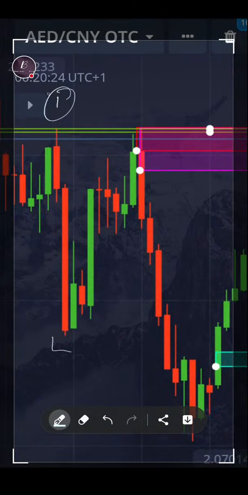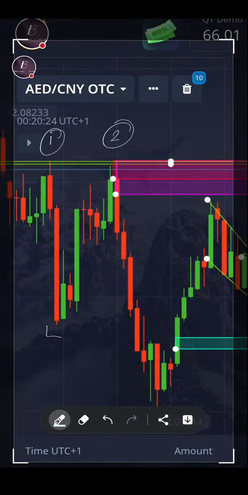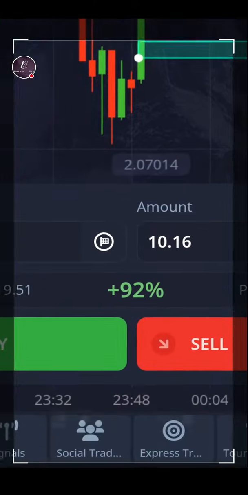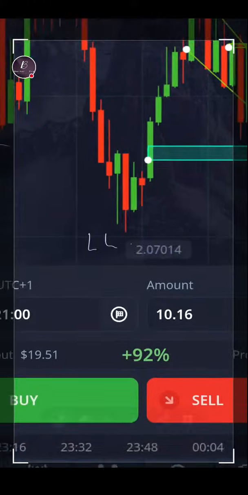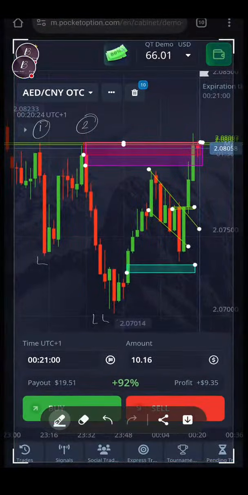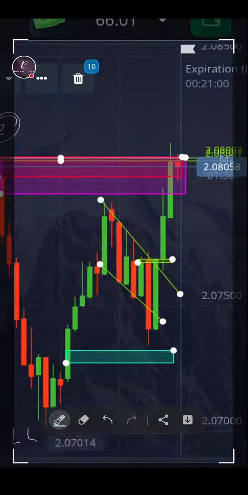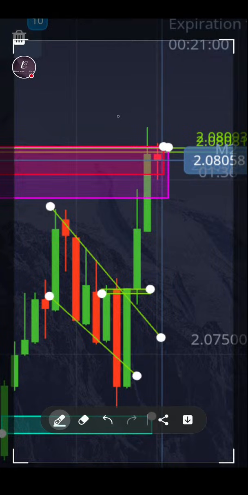So price came to this level, gave us a first touch, came down, gave us a low, then came back into this level again, then got rejected the second time. This second time gave us a lower low. Look at this, this is a lower low. Now price came back and gave us a third touch and broke this level. This is our third touch.